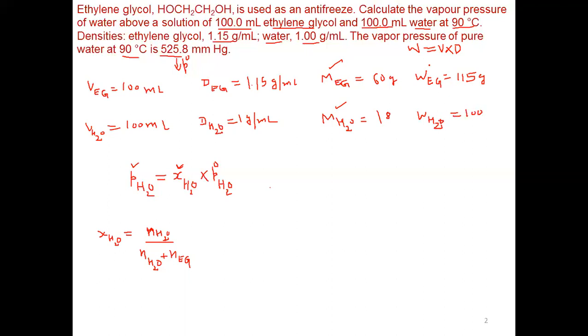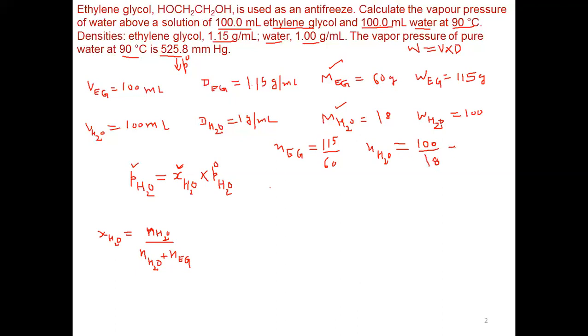Now we can calculate the number of moles of water and the number of moles of ethylene glycol. So N ethylene glycol is equal to weight divided by molecular weight. Weight is 115, molecular weight is 60. Similarly, for water, N water is equal to the weight of water in solution, 100 gram, divided by its molecular weight, 18.